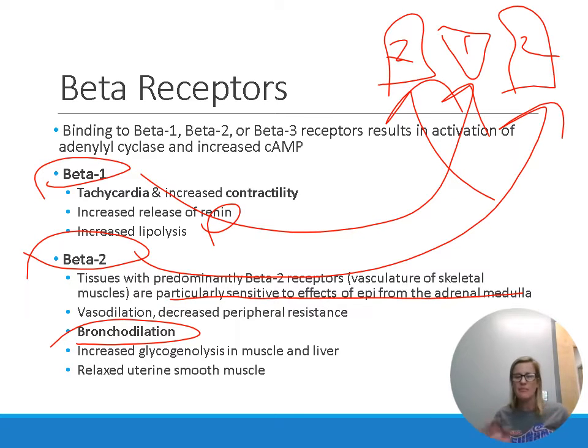So just looking at beta 1 versus beta 2, beta 2 binds a little bit better to epinephrine. Remember, epinephrine is coming from the adrenal medulla. Norepinephrine is coming from the neurons actually releasing the norepinephrine. So beta 2 tends to be more sensitive to epinephrine. Beta 1 tends to be more sensitive to both, to epi and norepi the same.